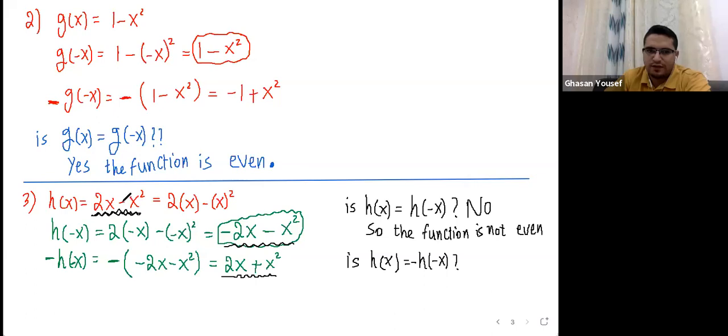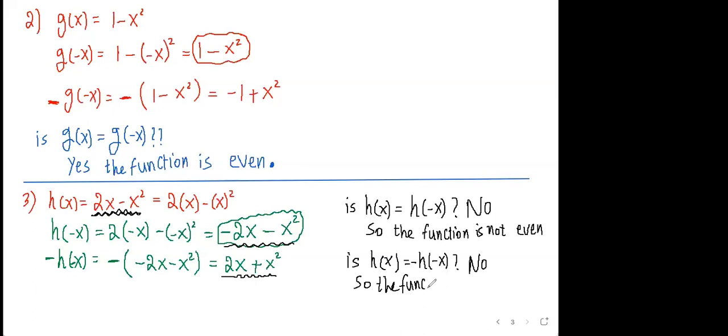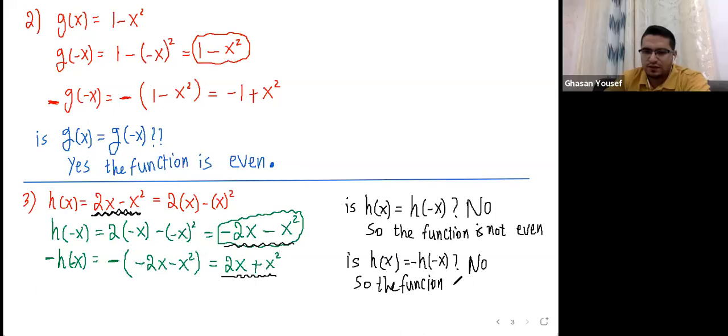Here we see negative 2x negative x squared, but here 2x plus x squared. So the answer is no. So the function also is not odd. So the function is not even, not odd. So the function is neither even nor odd.